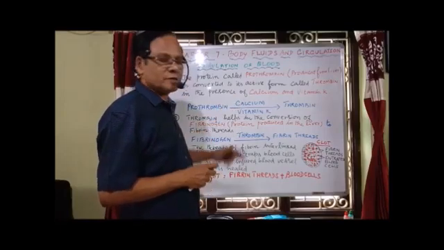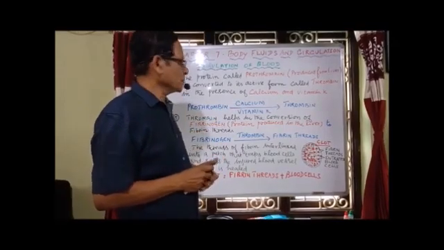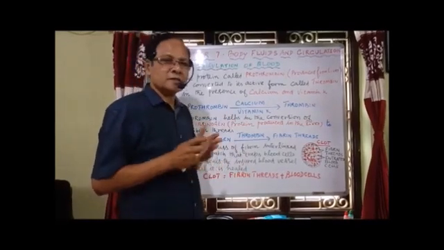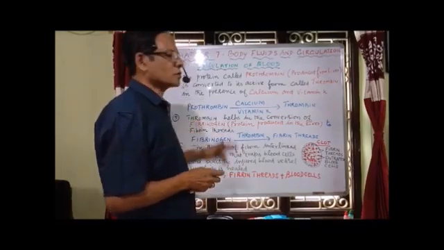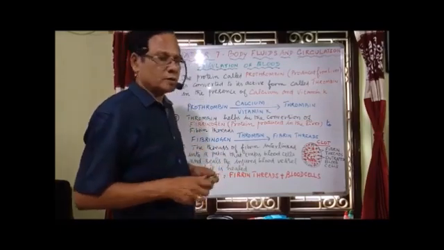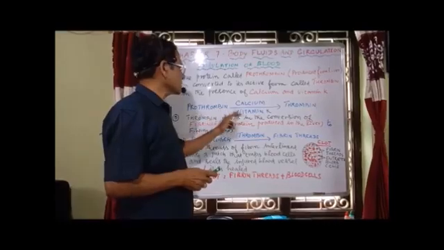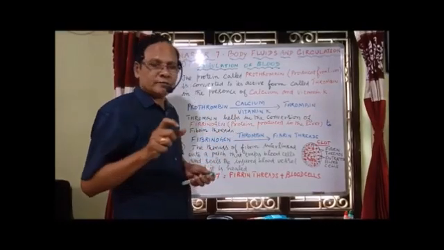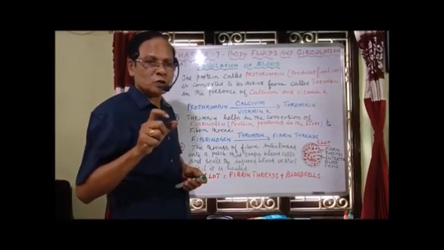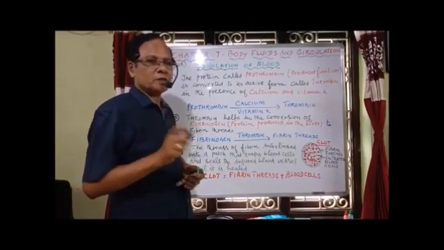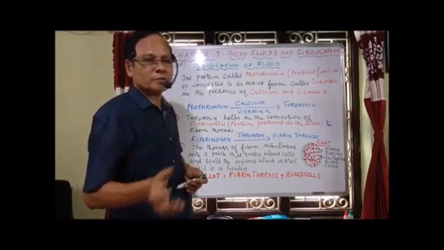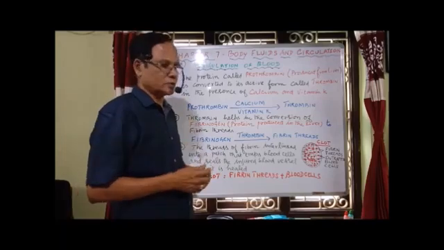Now, vitamin K is given in the book, and vitamin K is essential for the formation of prothrombin. In the liver, prothrombin is formed in the presence of vitamin K. As vitamin K prevents hemorrhage, it is called anti-hemorrhagic vitamin and promotes the clotting process.